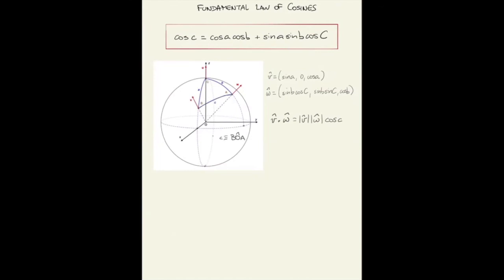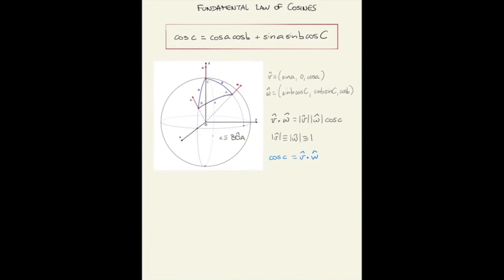Now, because v hat and w hat are unit vectors, the modulus of v hat and w hat are by definition unit. So this reduces to cosine of little c is equal to the dot product between v hat and w hat.